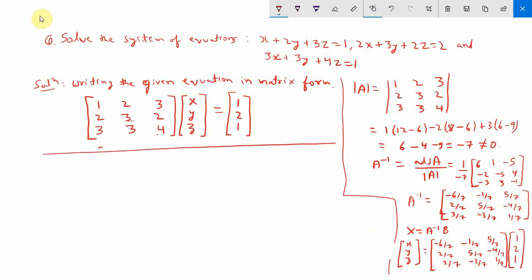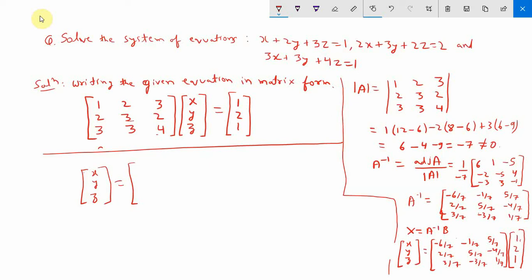Now we know multiplication of two matrices. So x, y, z will be equal to the product. After multiplication, the first row we have to multiply with the column of B. So minus 6 by 7 into 1, minus 1 by 7 into 2, plus 5 by 7 into 1.